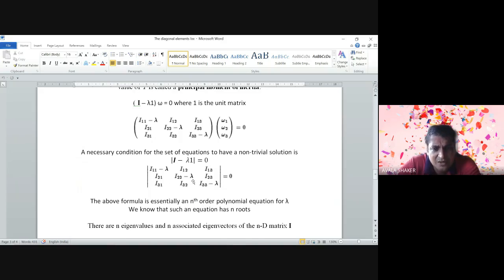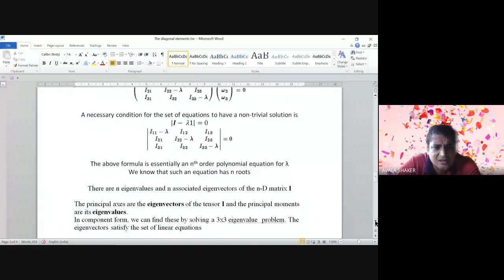What is left out is lambda, so we get those lambdas by taking the determinant of this new matrix, which will give you a non-trivial solution for lambda.